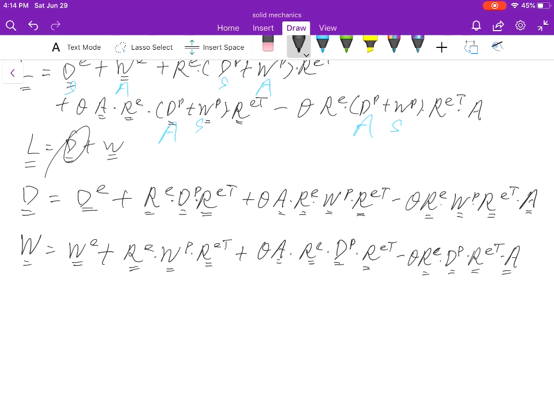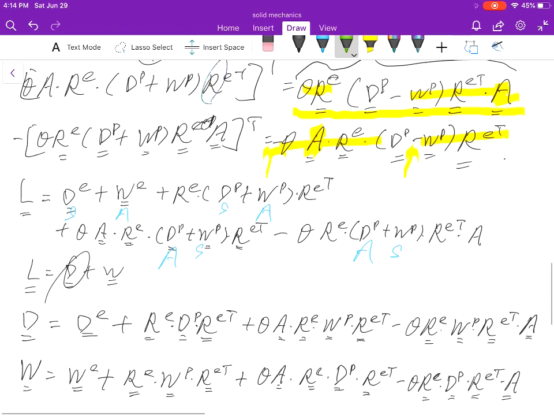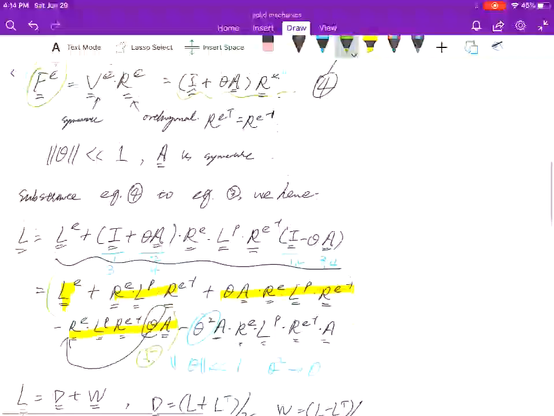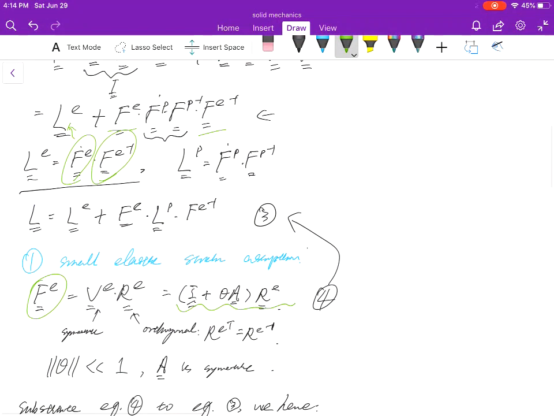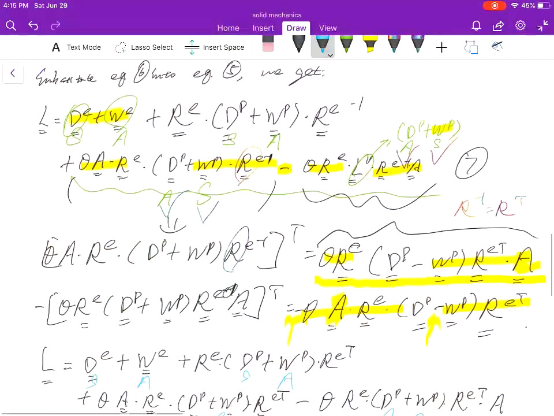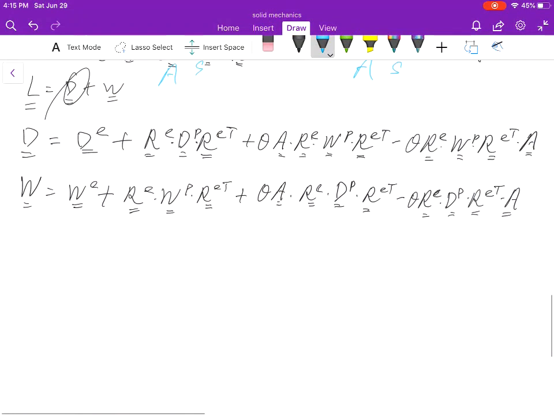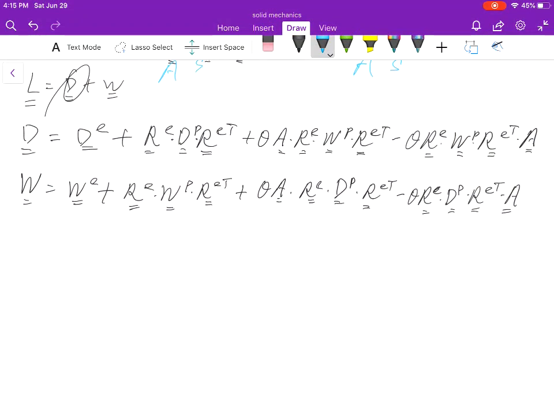So, and here is another assumption. Remember we have the first assumption here, the small elastic strain assumption, and here is our second assumption, that we assume the rotation is 0.